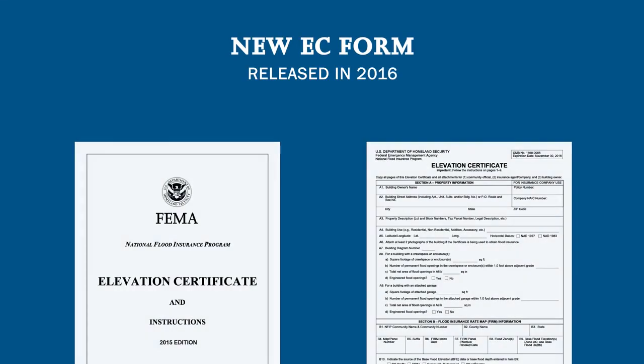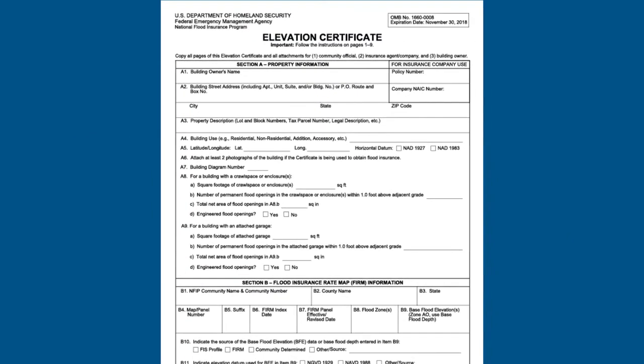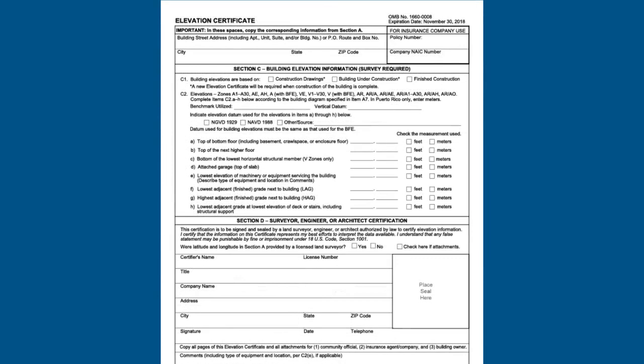So in the graphic, this is what the new form looks like. This is page 1. We're looking in the A section for the size of those enclosures and garages, and we're comparing how many openings they have in those. The elevation certificate signature and comments are now on page 2. This is a 2-page form.